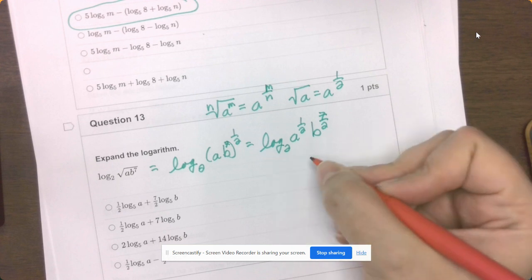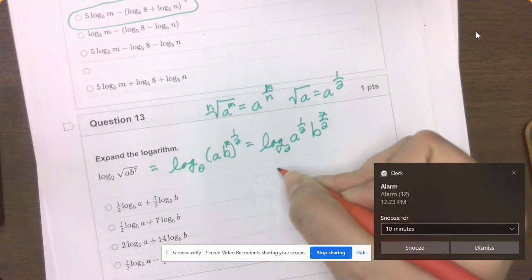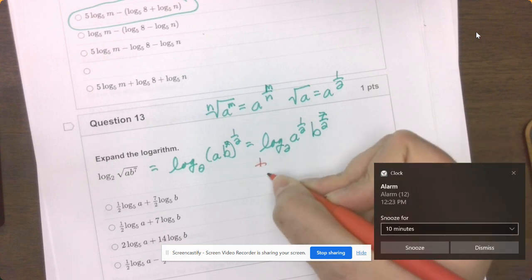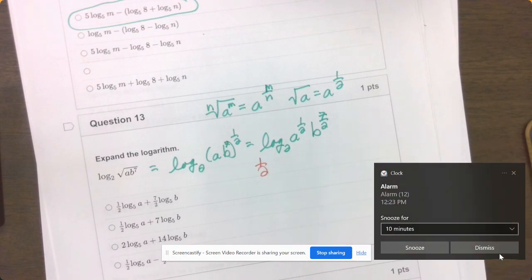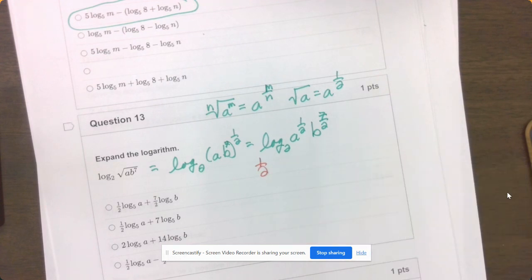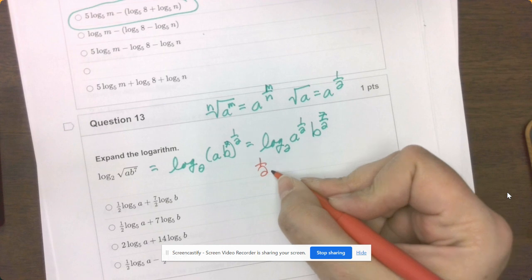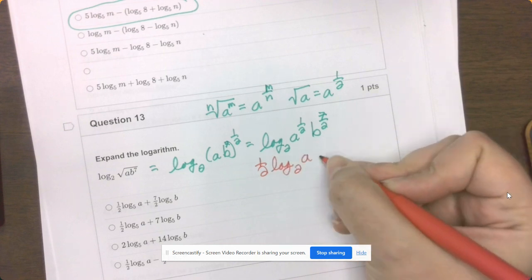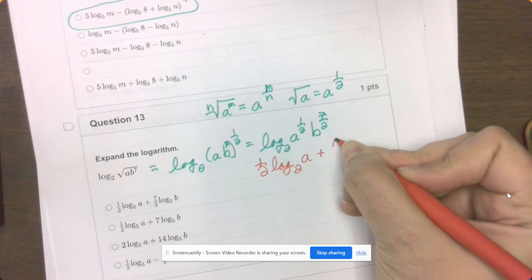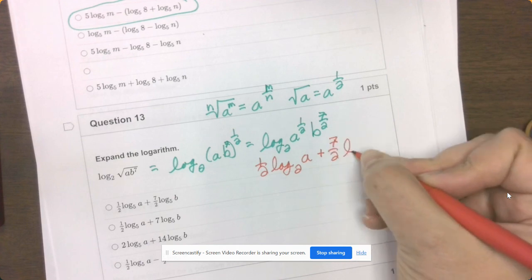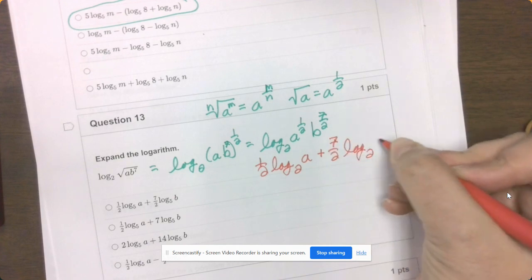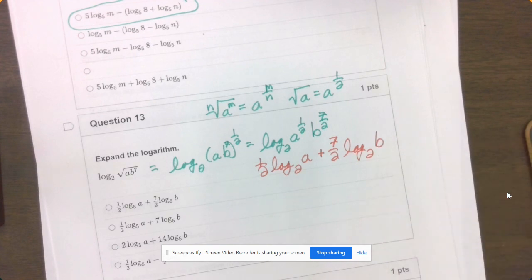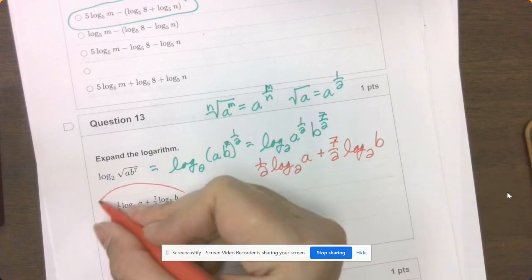So we do the power one, and we're going to have log 2 of a plus 7/2 log 2 of b. So product and power.